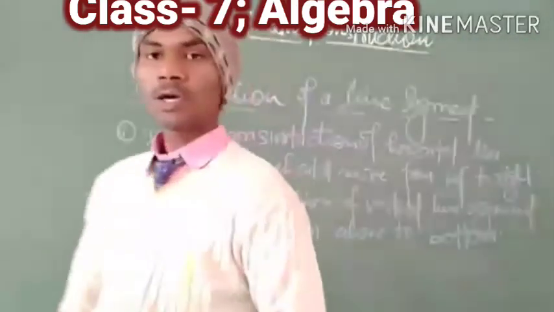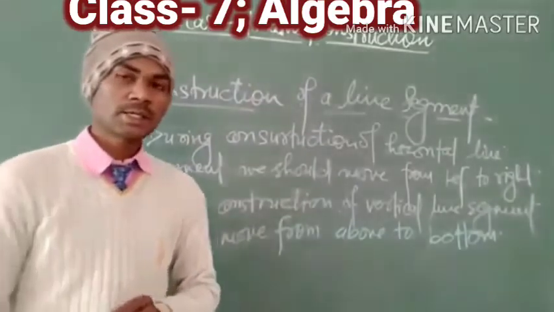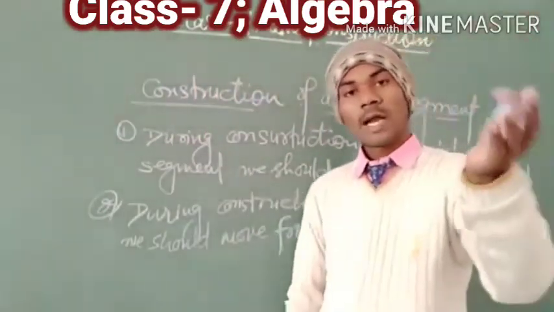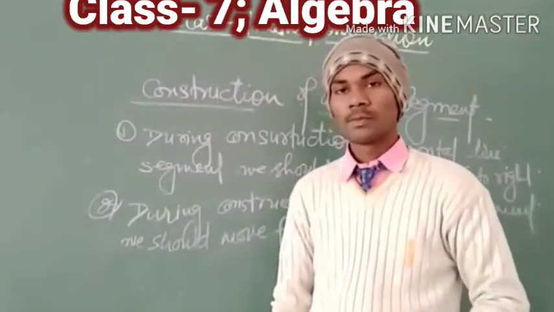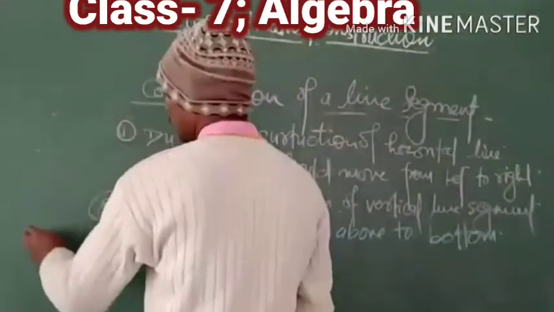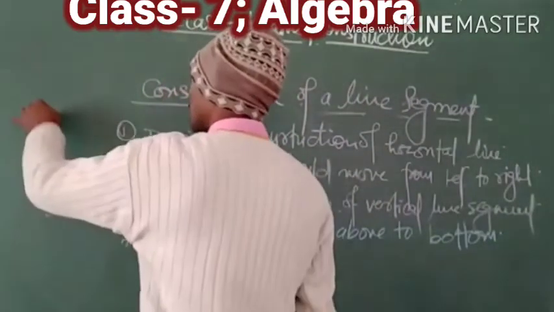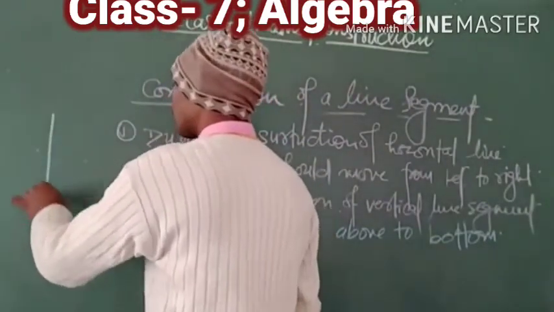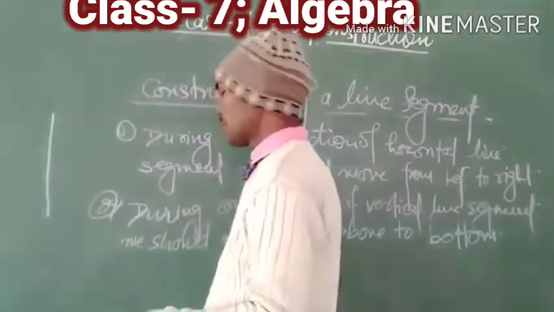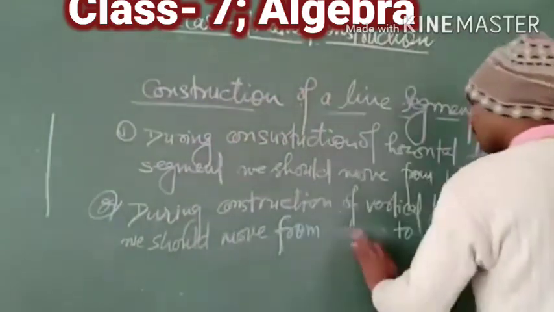If we have to draw a vertical line, then it is necessary that we must start from above and go to the bottom. Suppose that we have to draw a vertical line segment, then we must start it from the top to the bottom, not from bottom to top.